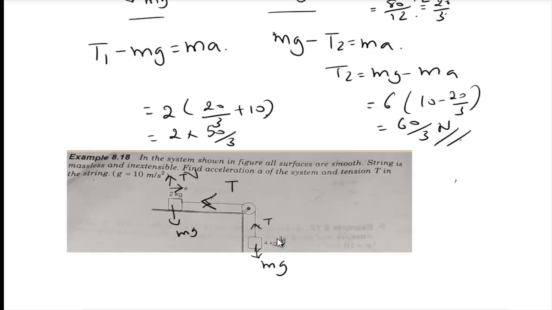Here we need to find the acceleration. What is the formula for finding the acceleration? Acceleration equals net force acting on the system divided by total mass. What is the net force acting on the system? Force equals mass into acceleration. Find the acceleration of the system.